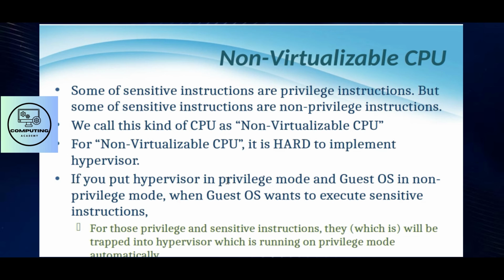If you put the hypervisor in privileged mode and the guest OS in non-privileged mode, when the guest OS wants to execute sensitive instructions, those privileged sensitive instructions will be trapped into the hypervisor, which is running in privileged mode, automatically.